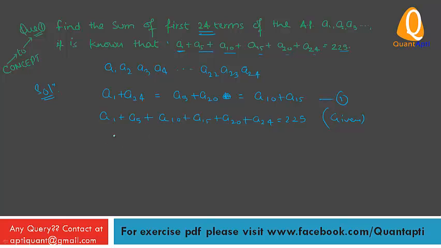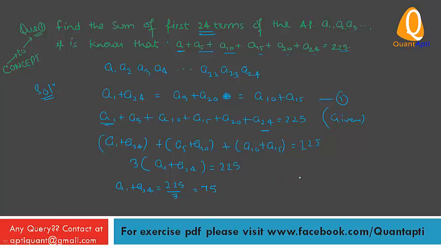This is equation 1. Now we know that a1 plus a24, a5 plus a20, and a10 plus a15 are the same, so we can say thrice of a1 plus a24 is equal to 225, or a1 plus a24 is equal to 225 divided by 3, that is 75.